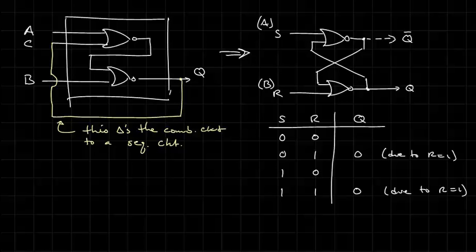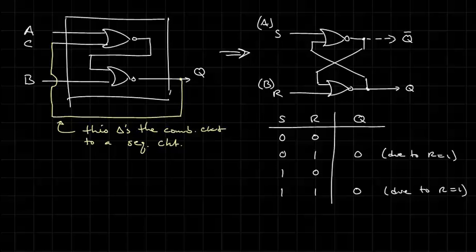Now what about when S is equal to 1? When S is equal to 1, then Q bar is going to be 0. And Q bar now is fed to the first input of the second NOR gate.